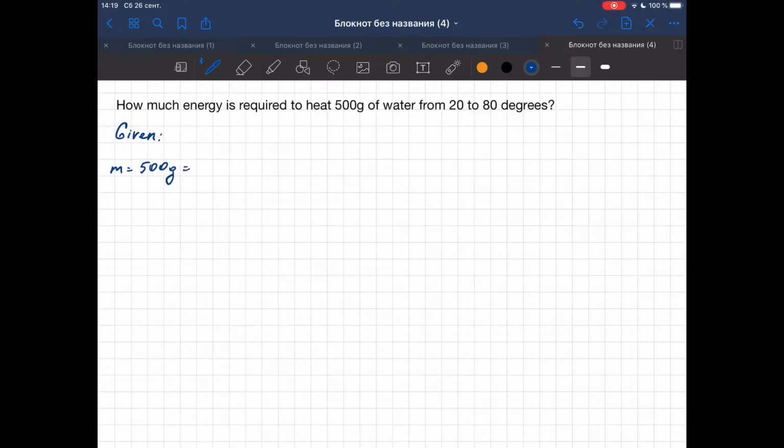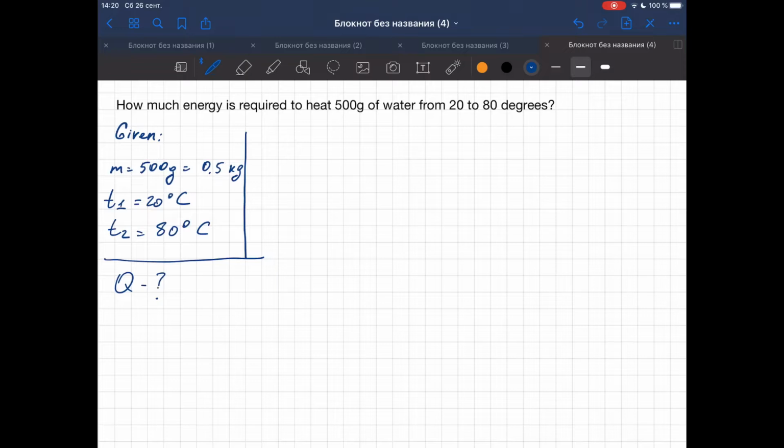We should convert grams into kilograms. It will be 0.5 kilograms. And the initial temperature 20 degrees Celsius, and the final temperature, which is equal 80 degrees Celsius. And we have to find the quantity of heat.